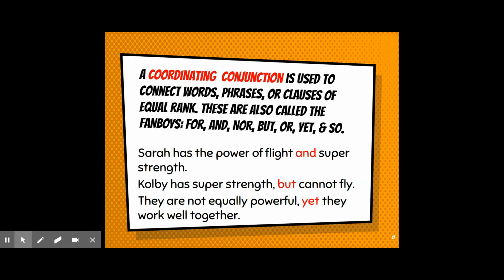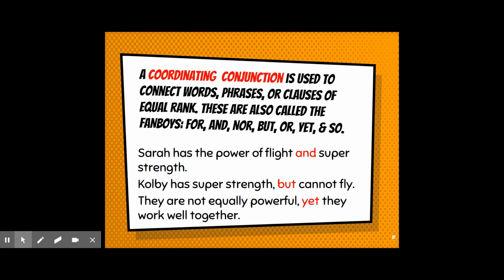For example, Sarah has the power of flight and super strength. And is a coordinating conjunction. Colby has super strength, but cannot fly. But would be a coordinating conjunction. Notice that there's a comma before but. Something that's really common with coordinating conjunctions, especially when they introduce something contradictory in the sentence, is that they will have a comma either before or after them.